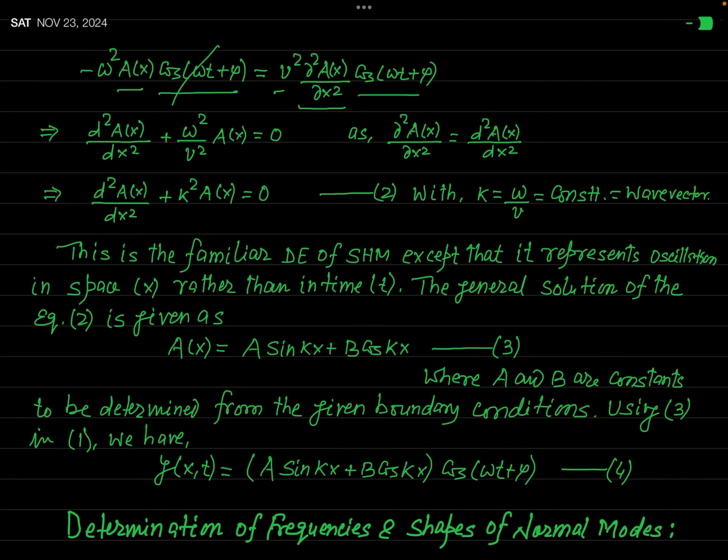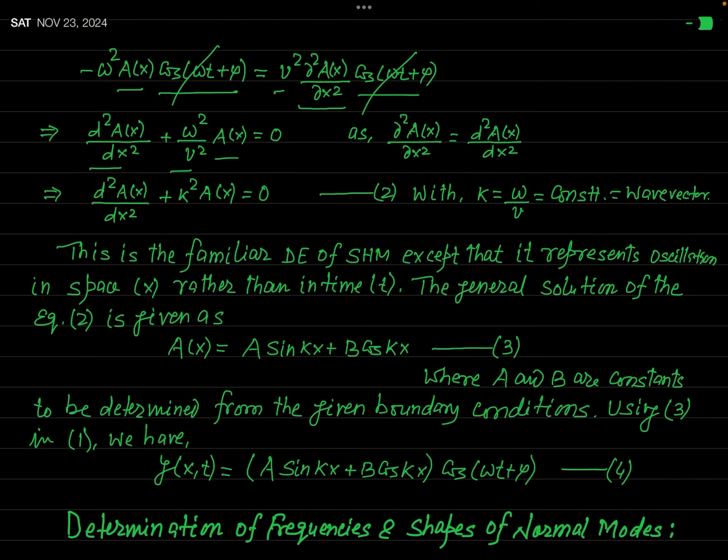Now you can see this cosine of omega t plus phi will cancel out as it is present on both the LHS and RHS. And therefore, you can write d2A by dx square plus omega square over v square A of x equal to 0.